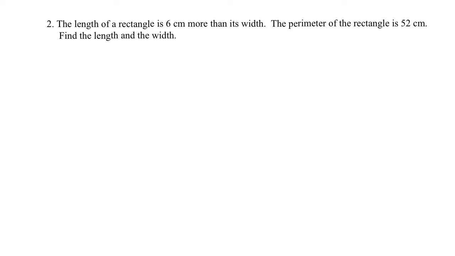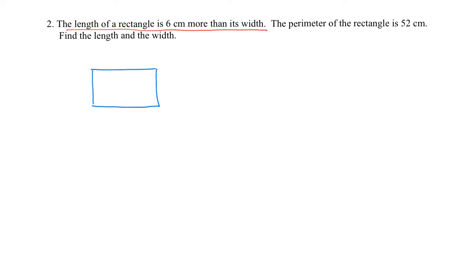Okay, we're back. So it said that we had a rectangle, so I'm going to draw my rectangle. Now, this is a key thing where I could do this and say that I have length and width, but now I'm working with 2 different variables, L and W, and I do not want to do that. I want everything in one variable. Well, my first sentence says that the length of the rectangle is 6 more than the width.